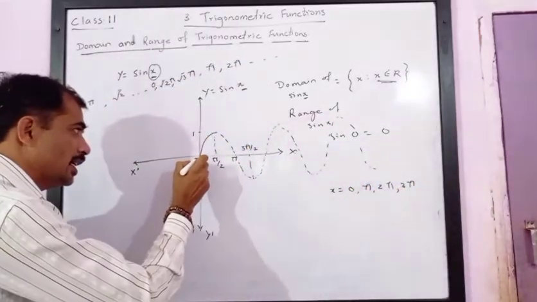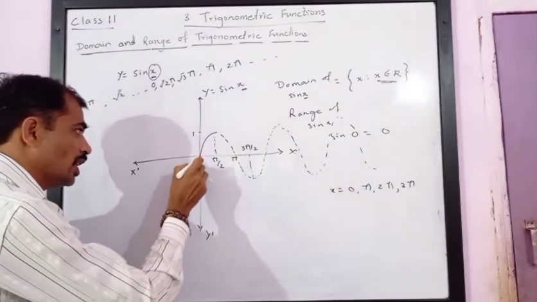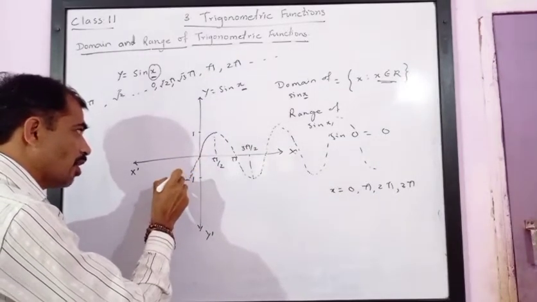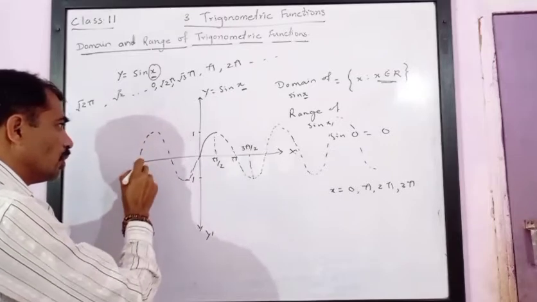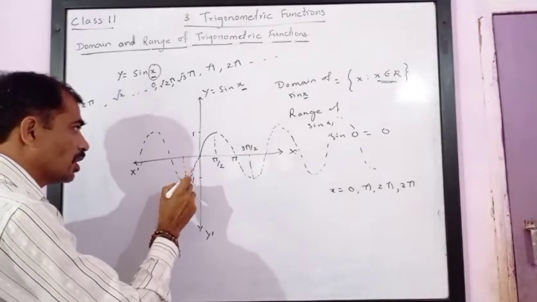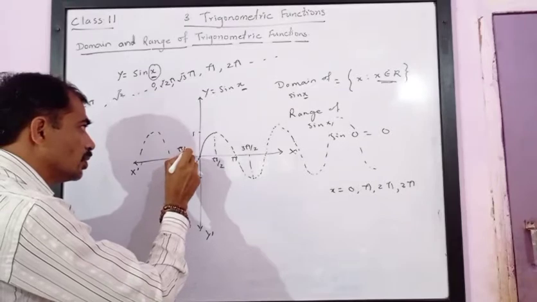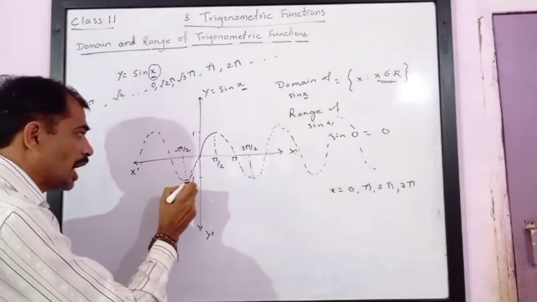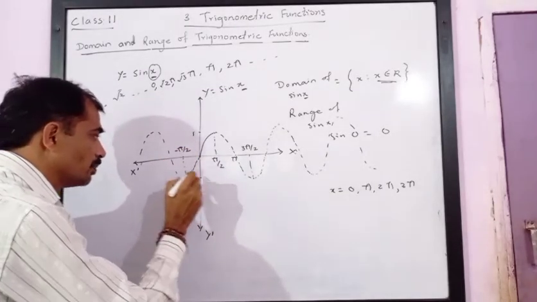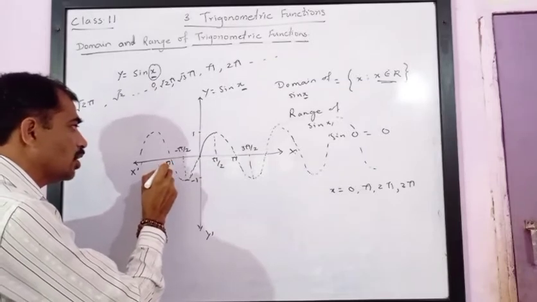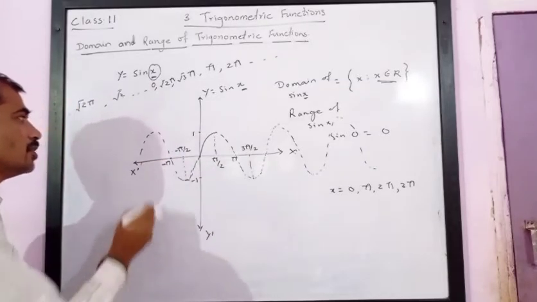Similarly, in the negative direction it changes from negative 1 to positive 1. For negative pi by 2 the value of sin is negative 1, and for negative pi the value becomes 0.